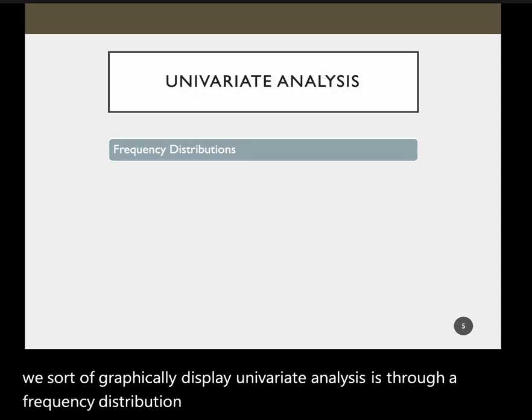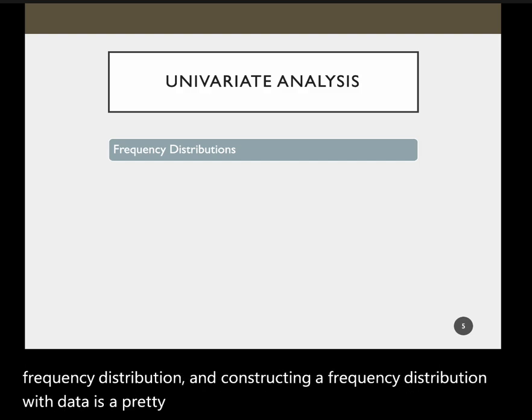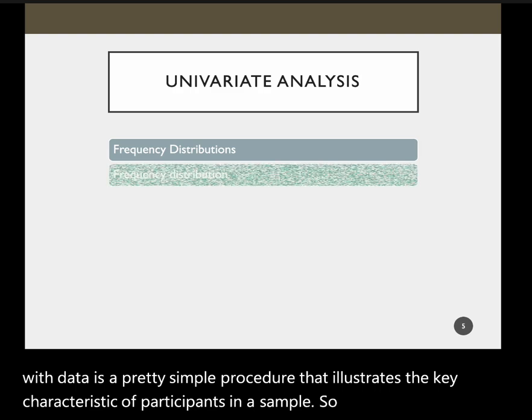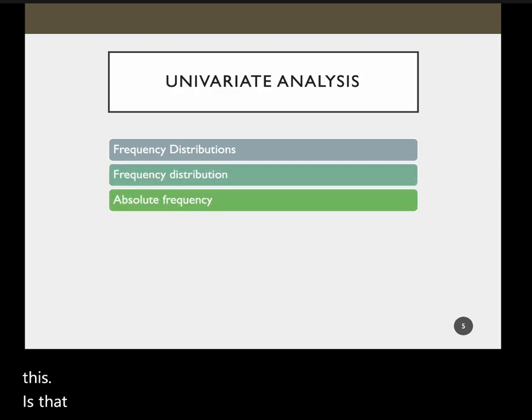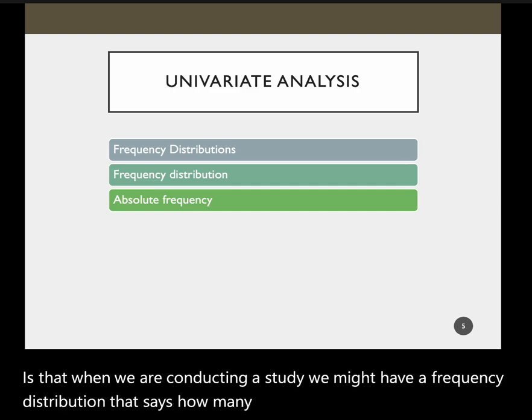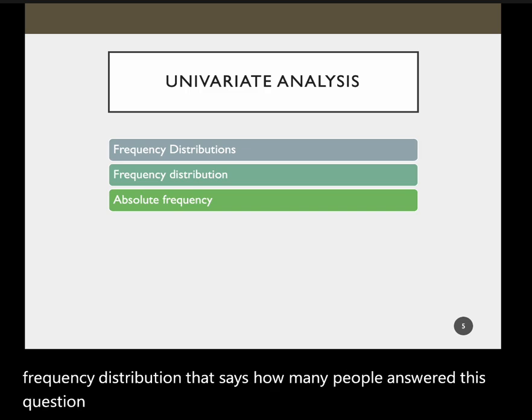And constructing a frequency distribution with data is a pretty simple procedure that illustrates the key characteristics of participants in a sample. So a good example of this is that when we are conducting a study, we might have a frequency distribution that says how many people answered this question. Maybe we have a question that has 4 different answer options.